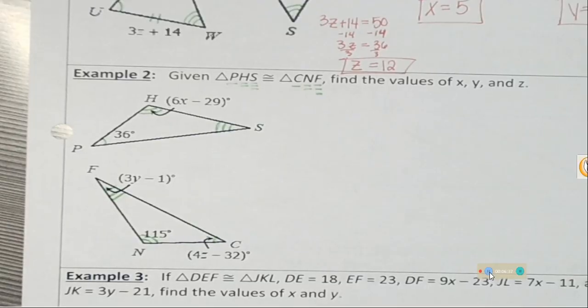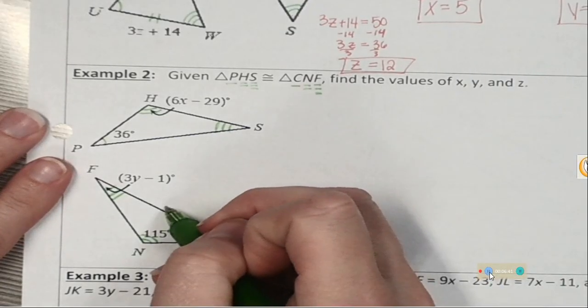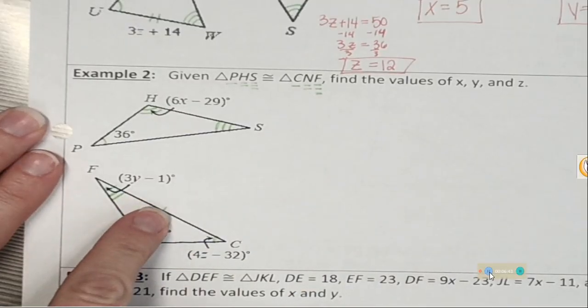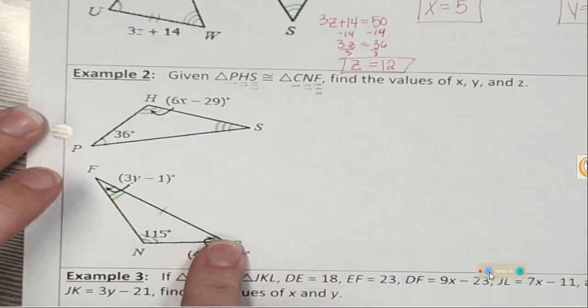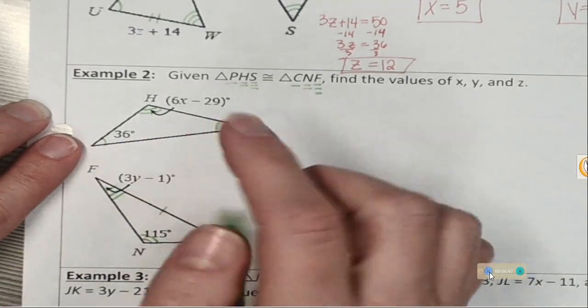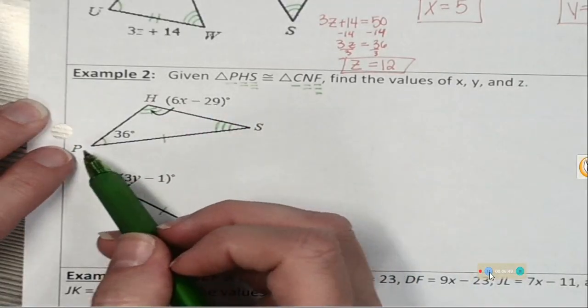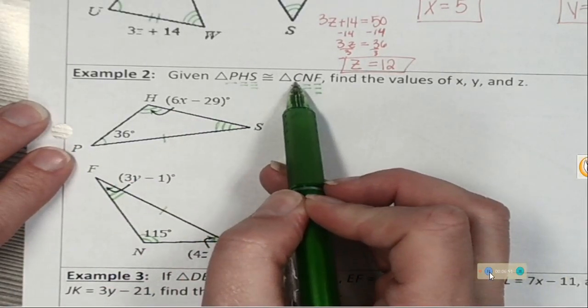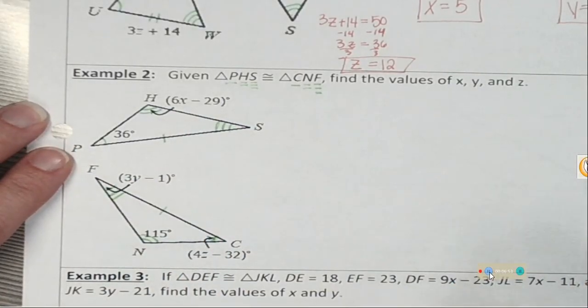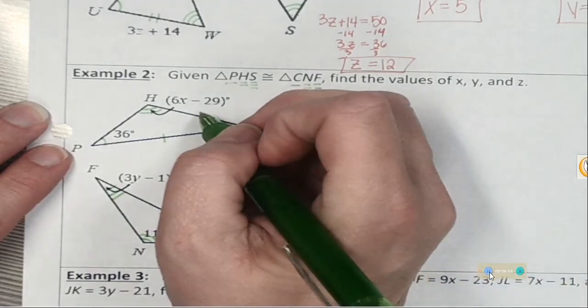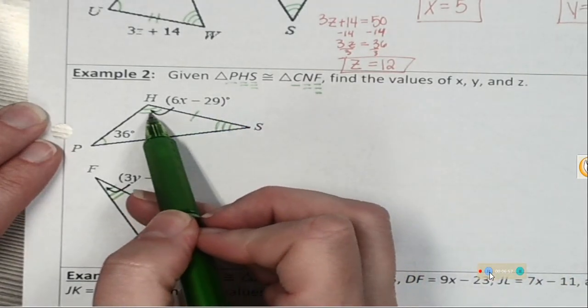Now I'm going to mark my sides. I just pick any side to start with. So I'm going to start with this one. This side is between the 1 and the 3, so the 1 and the 3 mark, which is P, S, and C, F, they are congruent. So they're the same thing. I'm going to pick this side. That's between the 2 and the 3.